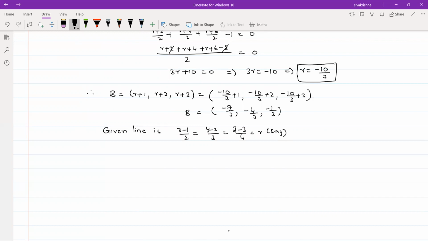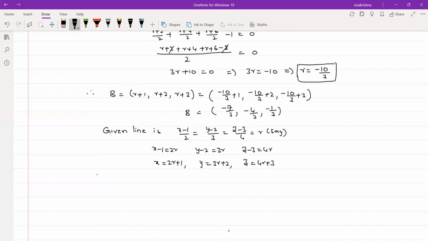So x - 1 = 2r, y - 2 = 3r, and z - 3 = 4r. So finally we get x = 2r + 1, y = 3r + 2, z = 4r + 3.